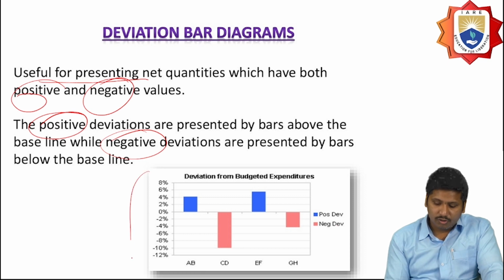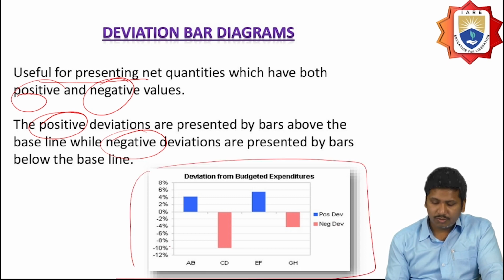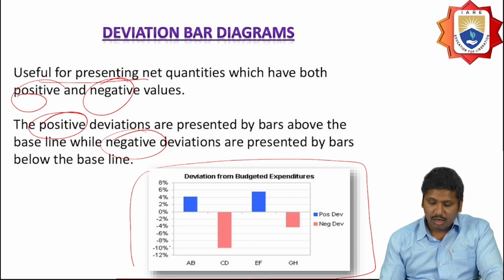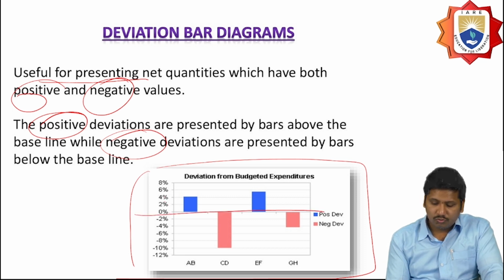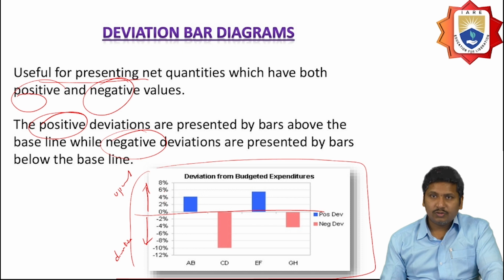So this is the diagram you are seeing on the screenshot. That should be a deviation bar diagram. Here first draw a line, so 0, 2, 4, under the positive values, and the downside should be in the downward direction, and this one is in the upward direction. So the value that is coming upward should be positive, and the downward should be negative.